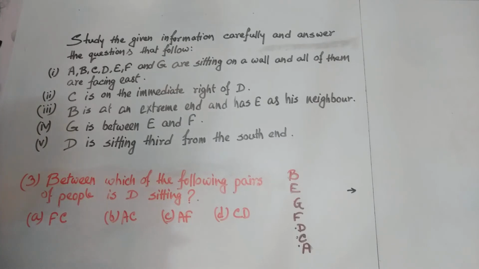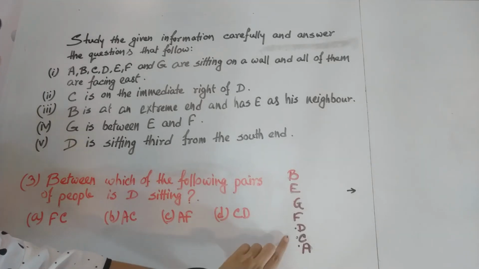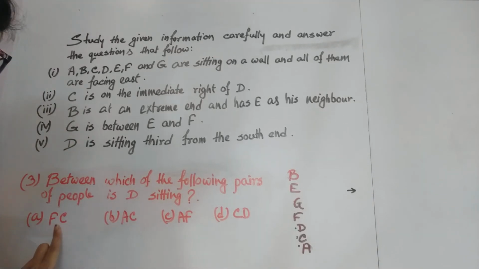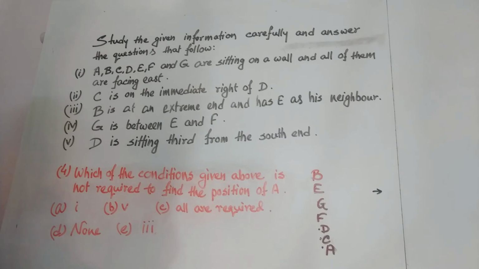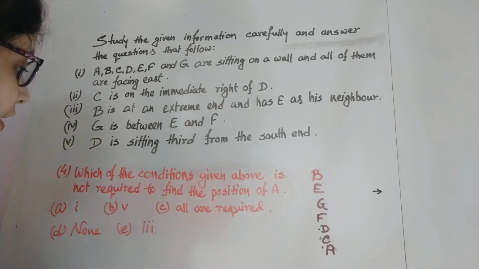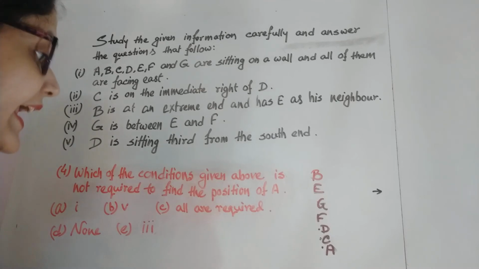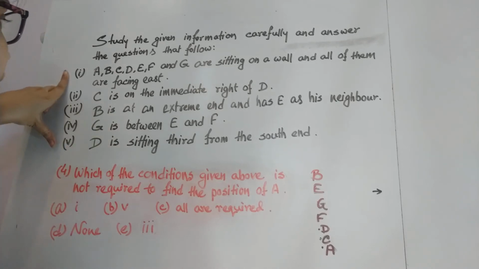Next. Between which of the following pairs of people is D sitting? D is sitting between F and C. So, FC will be the answer. Okay. 4. Which of the conditions given above is not required to find the position of A?